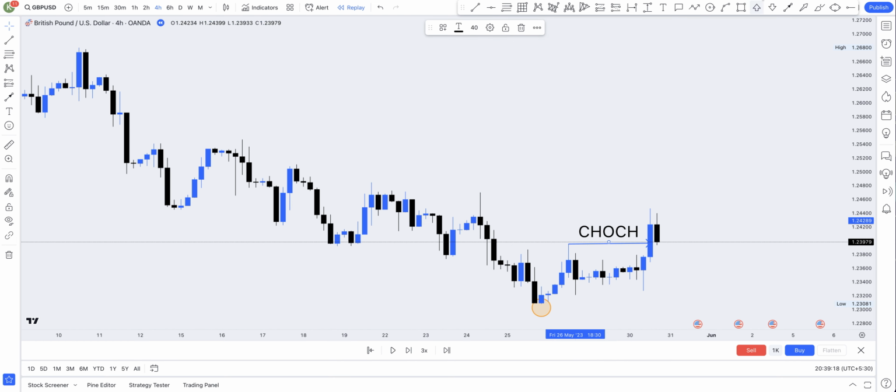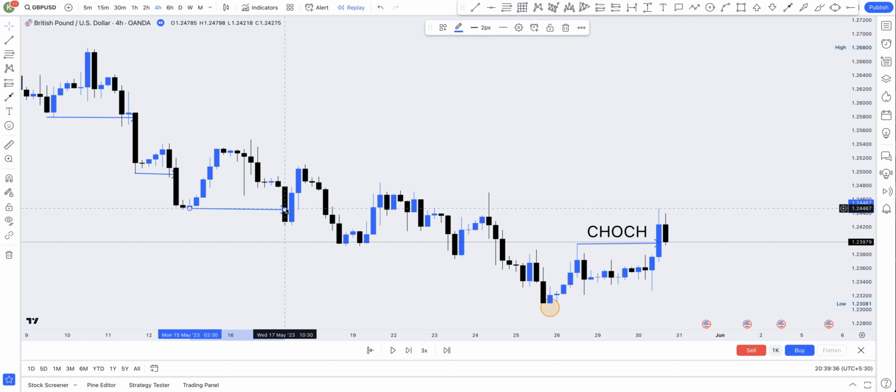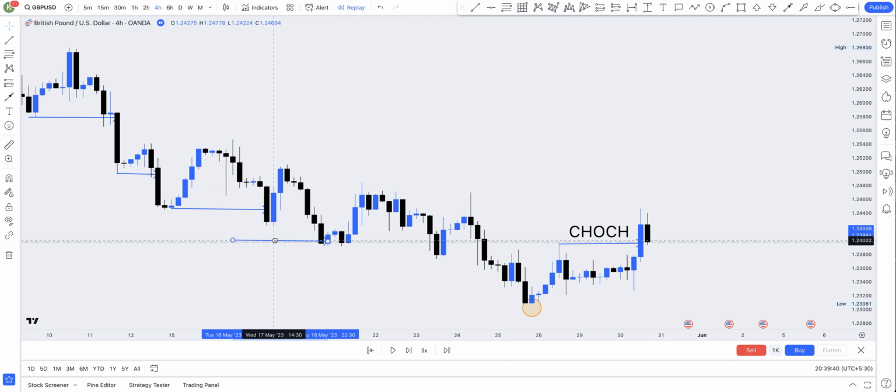You can see that when price was moving in this area, we were forming what? A series of break of structure, and this market was trending downwards. We had a downwards movement at this point, because price was creating a series of lower lows and lower highs.